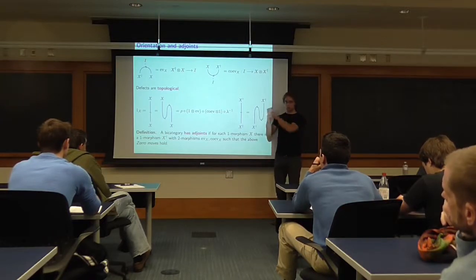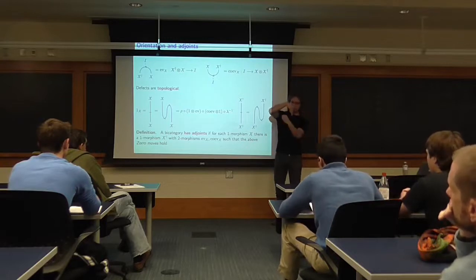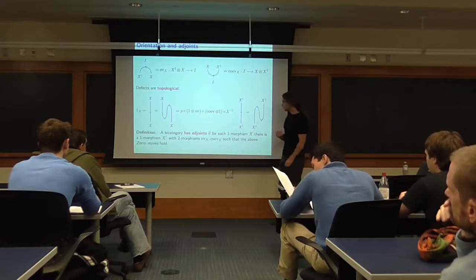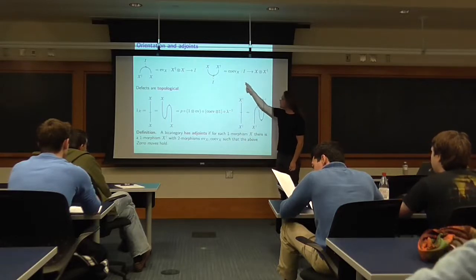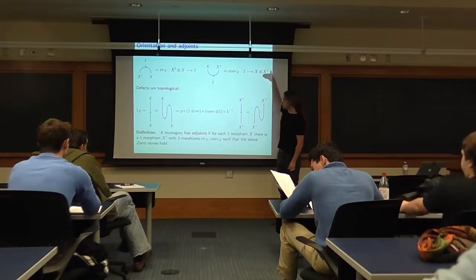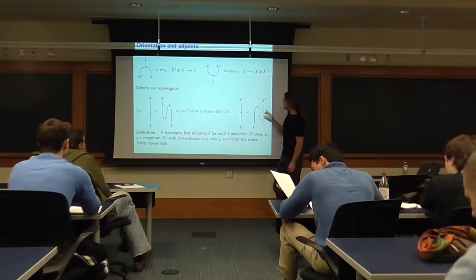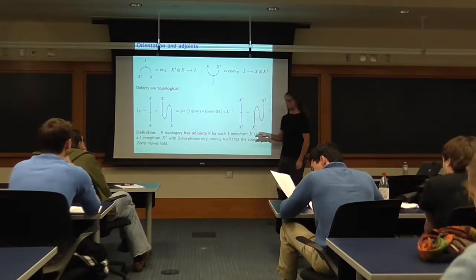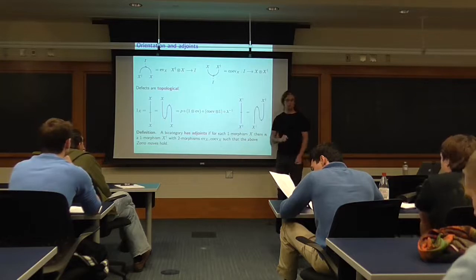If X goes from A to B, the reverse one goes from B to A. And there are maps called evaluation and co-evaluation, with these domains and codomains as in the first line. And we want these identities to hold. Then X dagger is called the adjoint of X.